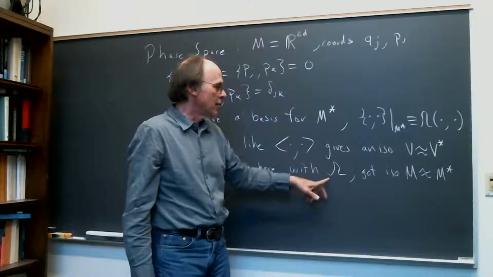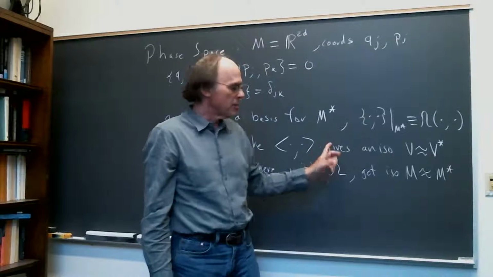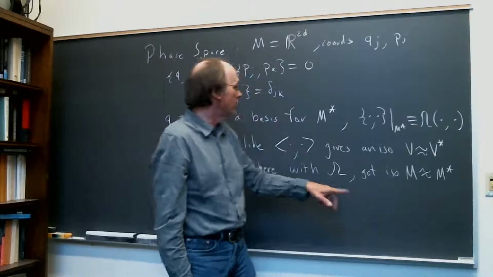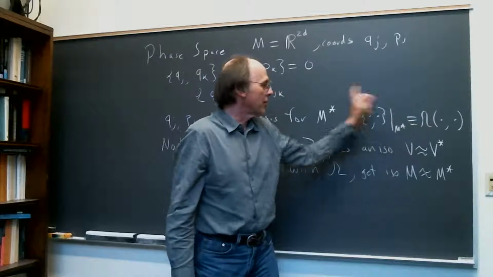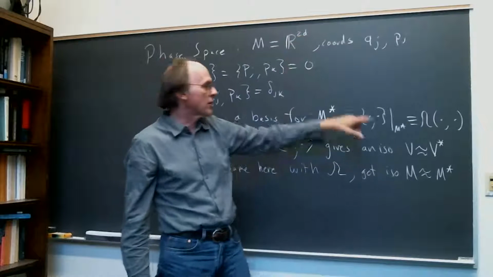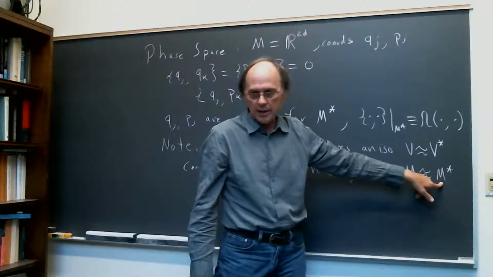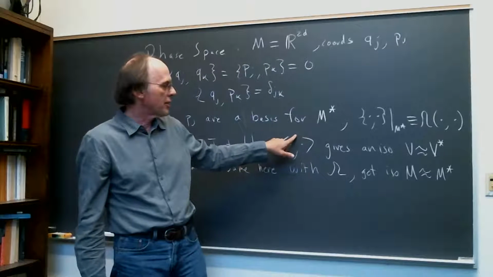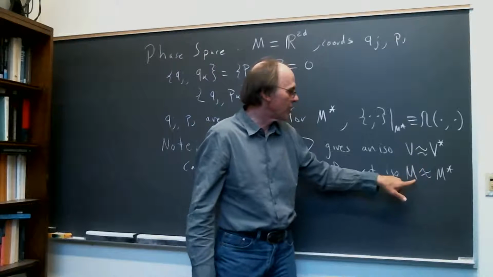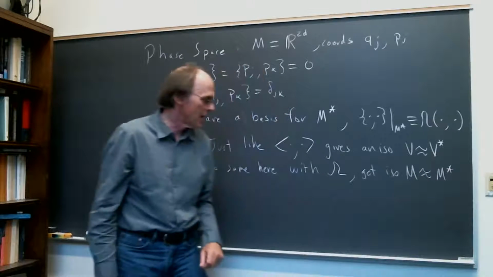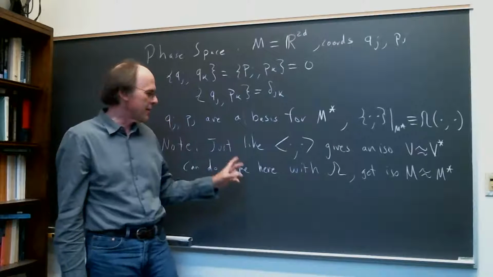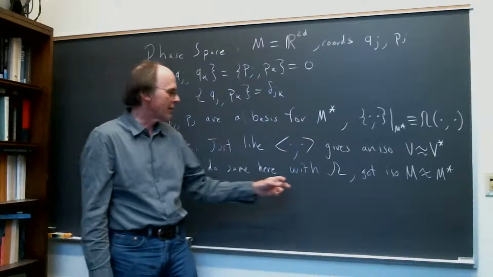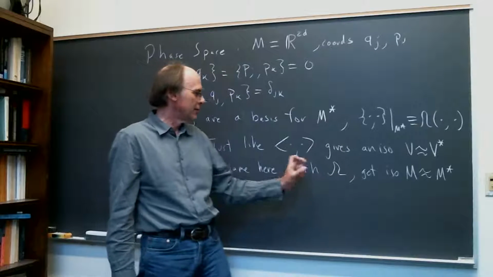You end up wanting to work with things on M, but the only gadget you have, the P's and Q's, lives on the dual, so you have to move back and forth, just like in Euclidean geometry between V and its dual, but here between the phase space and the dual phase space. This leads to various ugliness and confusion at various points.